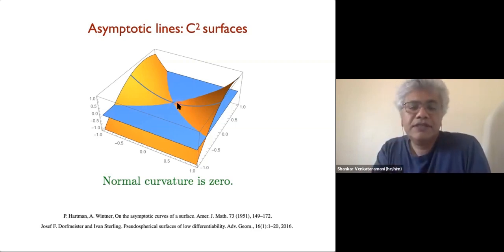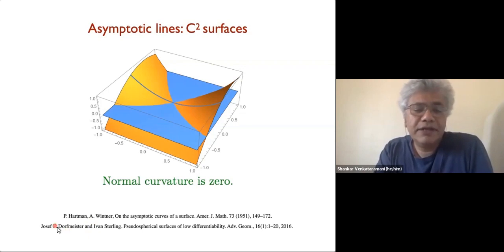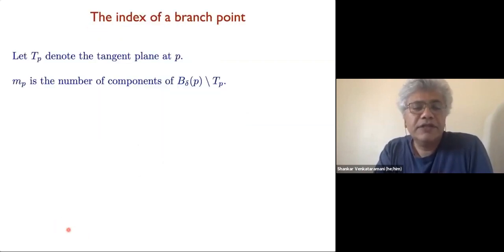With some assumptions on regularity, you can show that these directions are coherent, so you can find integral curves for these 2 sets of directions, and they give you the asymptotic curves of the surface. This goes back to work by Hartman and Wintner, and there's some really nice work by Dorfmeister and Stirling in the low differentiability setting.